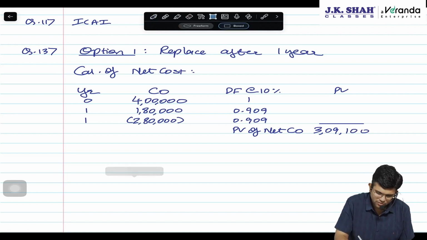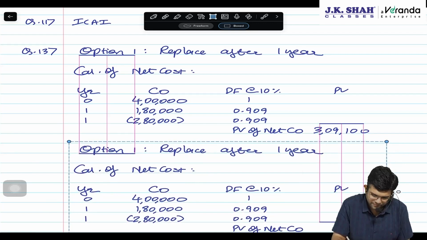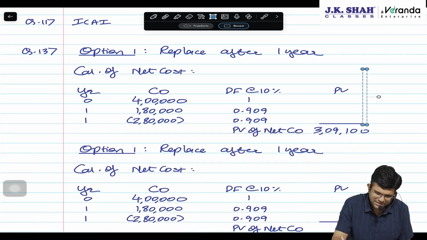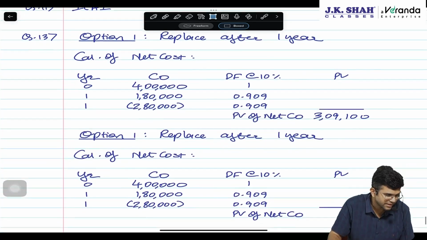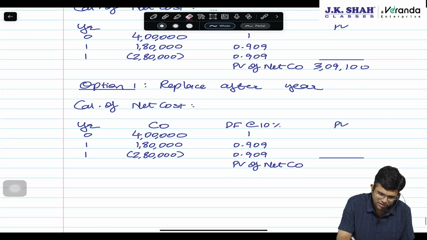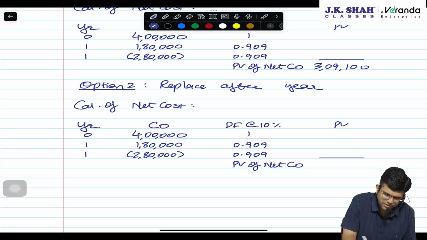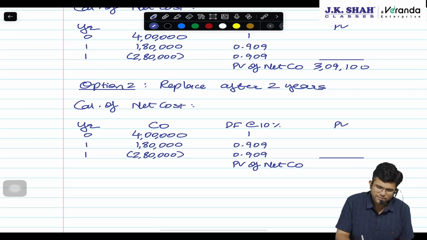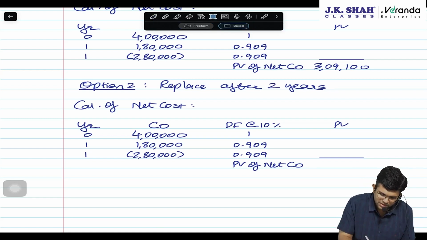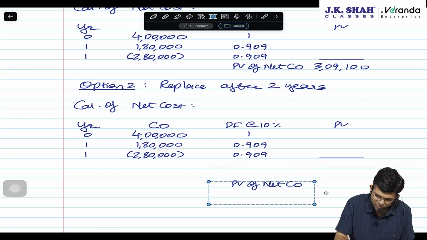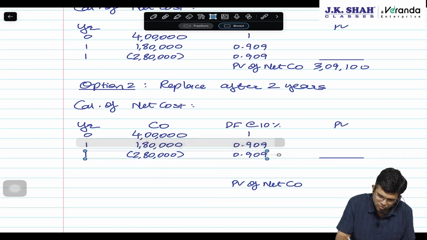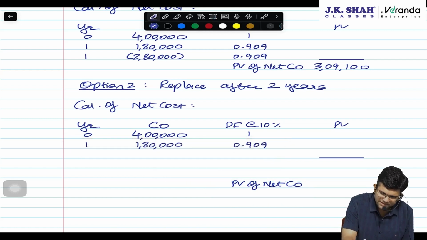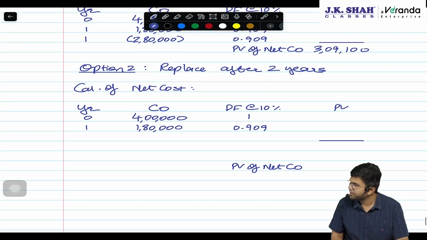Now students, what other option do you have? Replace after 2 years. So I'll write option 2, replace after 2 years. If I replace after 2 years, look at what I'm doing now. Please pay attention. This much part will remain same. Initial investment and year 1 cost will remain same.